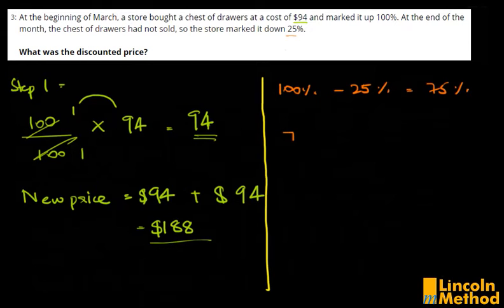So if I find 75% of 188, this is going to be my new price, my marked down price, or the discounted price. So 75 over 100 multiplied by 188.